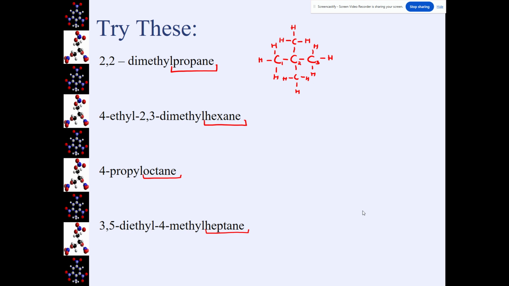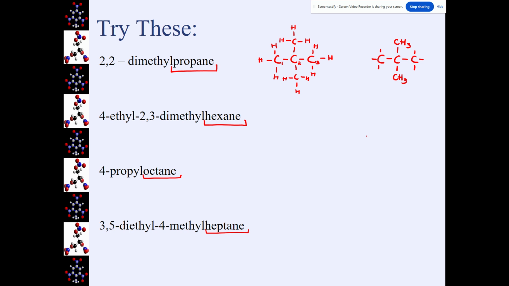If the question doesn't tell you how to draw it, you can draw it however you want. Very commonly, I tend to draw in my answer key the complete diagram for the parent chain and then condensed form for the branches. So that's probably how you would see that molecule drawn in my answer key.